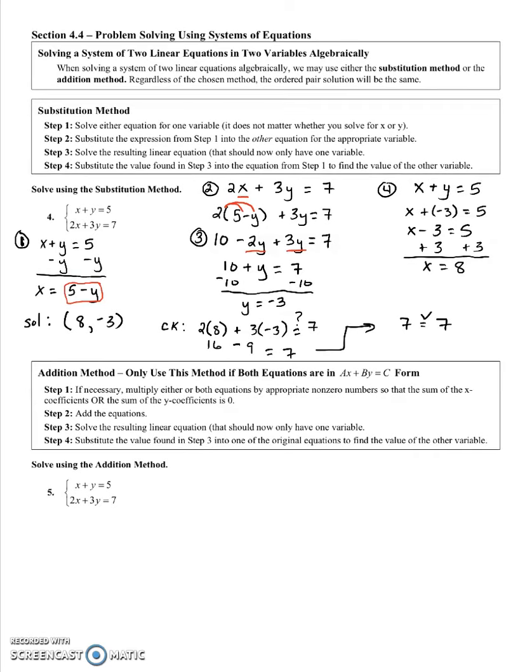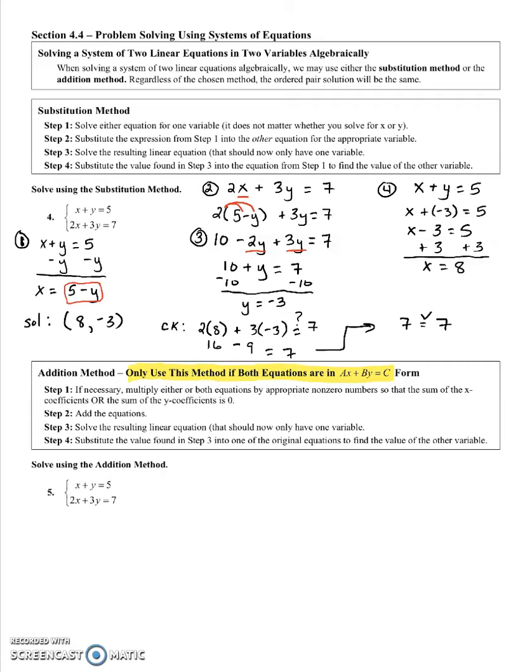Now let's talk about the addition method. Notice it says to only use the addition method if both equations are in ax plus by equals c form. Do we have that? Yes. A number times x plus a number times y equals a number, so this system is set up perfectly for that.